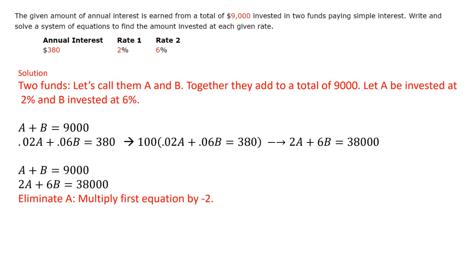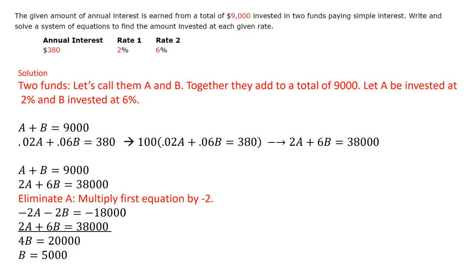So I can take both equations and we're going to eliminate a. So we're going to multiply the first equation by -2. So we get -2 times a is -2a, -2 times b is -2b, and -2 times 9,000 is -18,000.